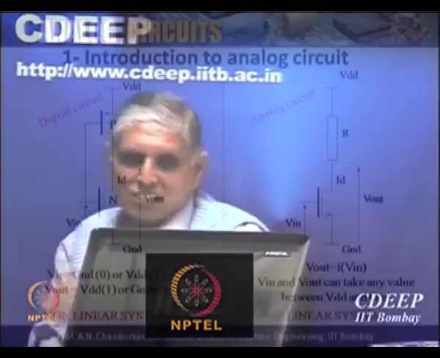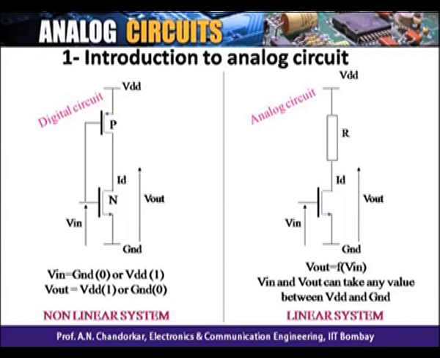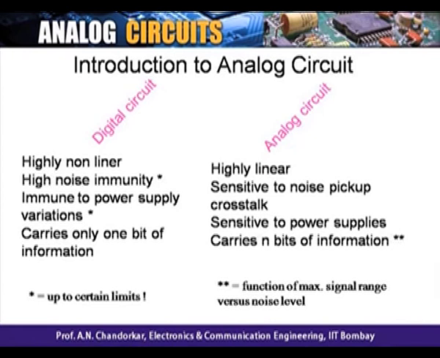That is why I say, if you operate in this, then you can remain as an amplifier, and then you can say you are in linear circuits. Just to compare again, digitals are highly nonlinear, but have very high noise immunity.